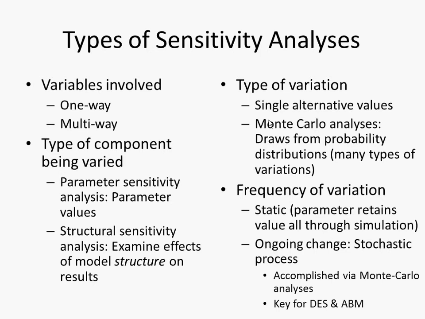For example, taking what's a single state within our state chart and making it two states, or adding a transition from one state to the other. We previously looked at, last time, one-way and multi-way sensitivity analysis in a systematic fashion. Today we're going to look at some barriers to extending that in a fully general way, and some ways that we can try to address those barriers by being clever about picking values for sensitivity analysis.